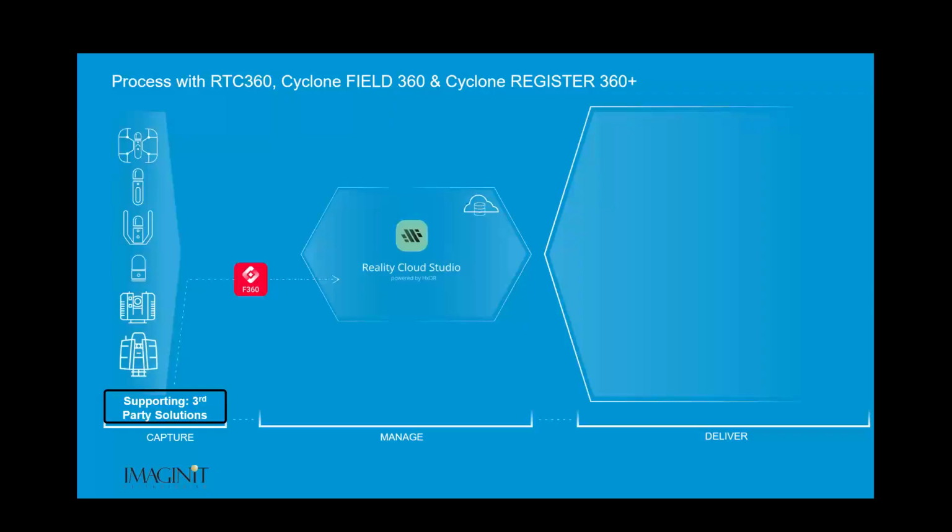That has some pretty big time advantages. If you've got a time crunch, you've got somebody out in the field scanning something and you need that scan in the office right away, they don't have to shut the scanner down and download everything to a laptop and then connect to the internet and send it to you via Dropbox or some other way. They can upload their scan directly from Field 360.